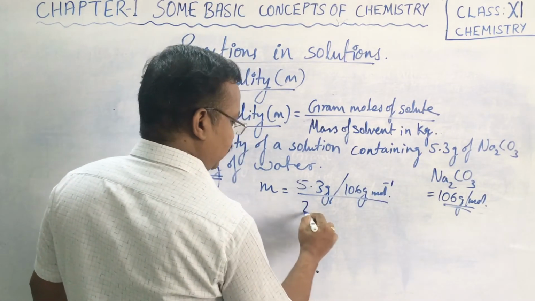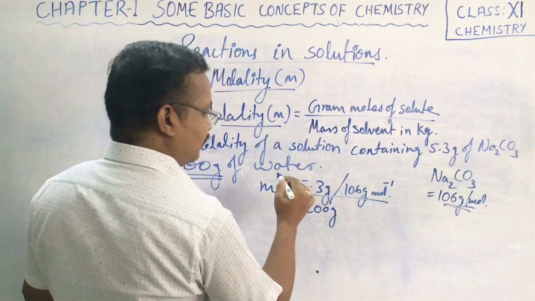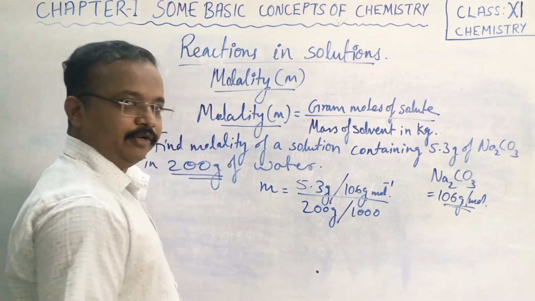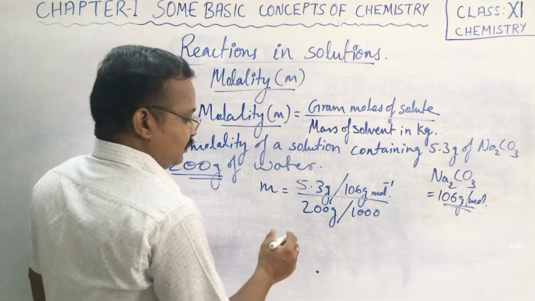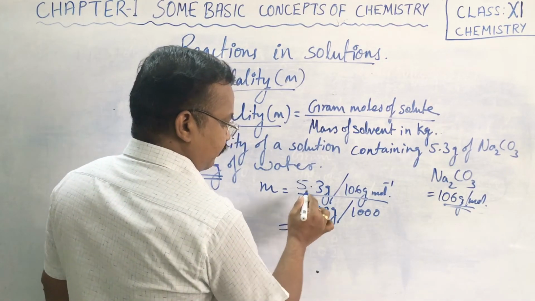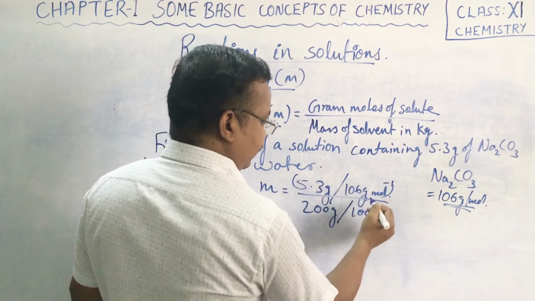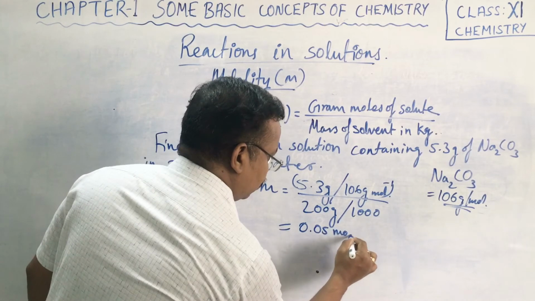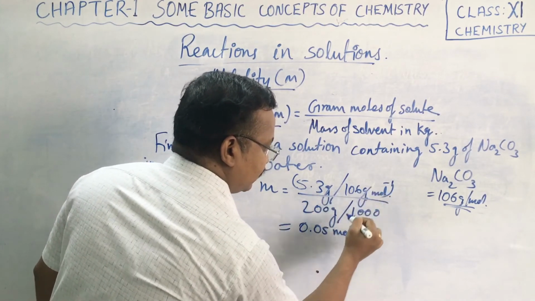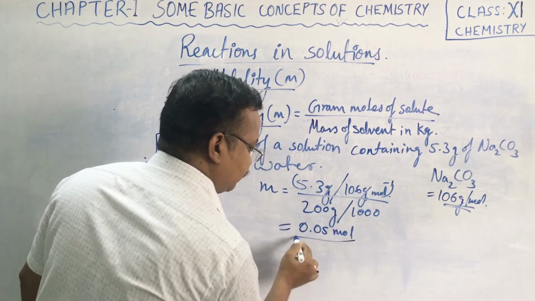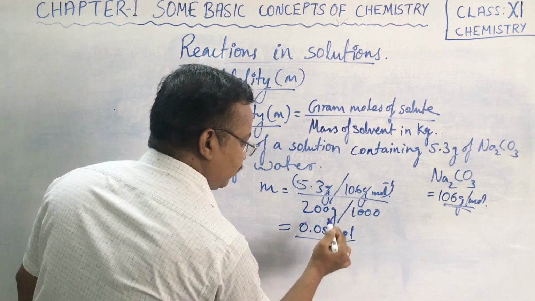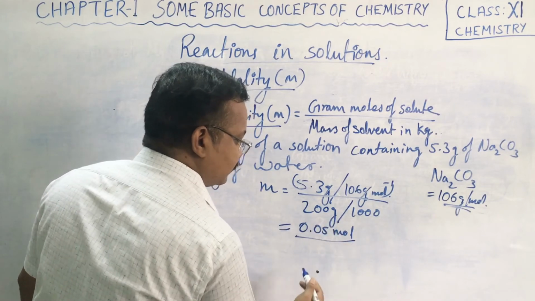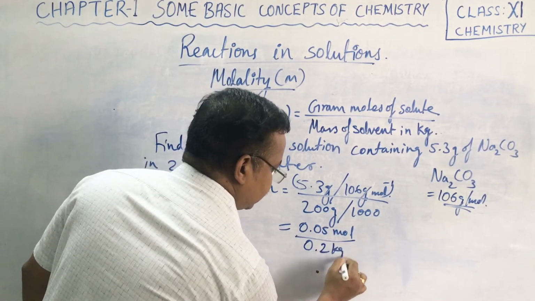We put it in the formula, gram per mole, or you can write gram mole inverse. We have 200 gram of the solvent, divided by 1000 to convert it into kg. So this is equal to 5.3 divided by 106, which gives 0.05 mole. Gram and gram cancel, mole inverse comes up. That is 0.05 mole divided by 200 divided by 1000, which is 0.2 kg.